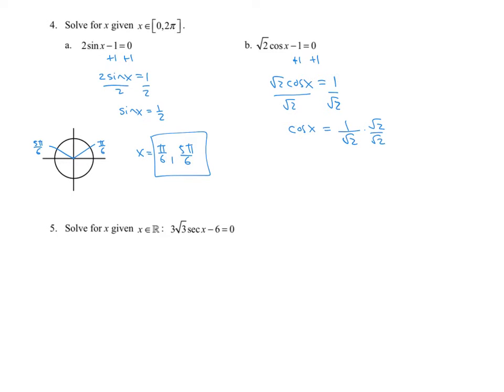If I multiply by radical 2 over radical 2, we get radical 2 over 2. And now when I go to my unit circle, I know that the value of cosine is positive radical 2 over 2 at pi over 4 and also at 7 pi over 4. So those will be my answers.